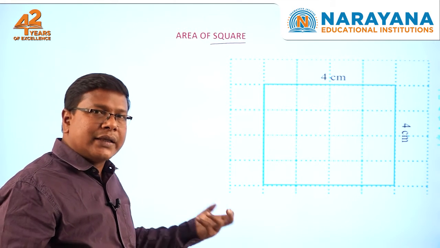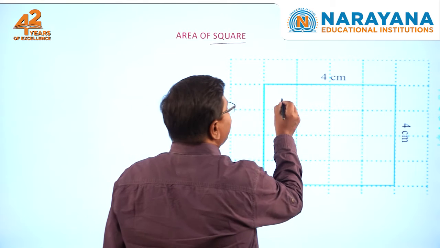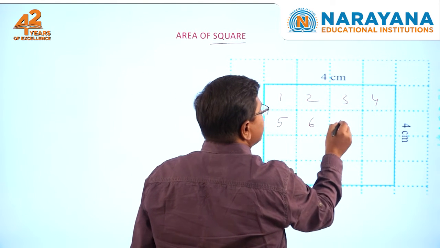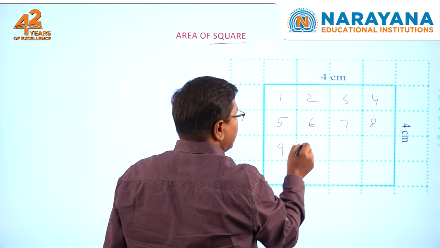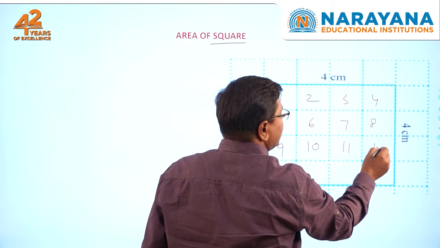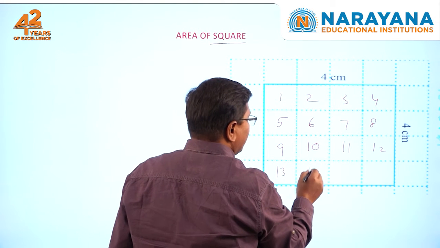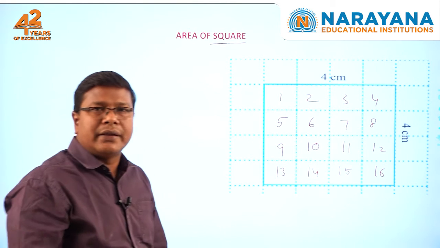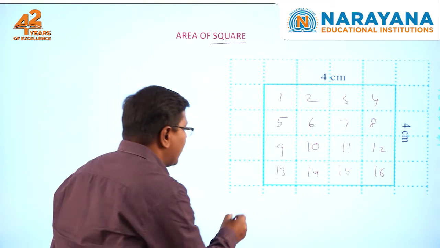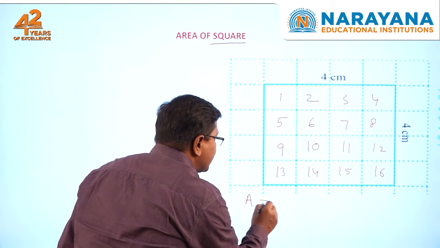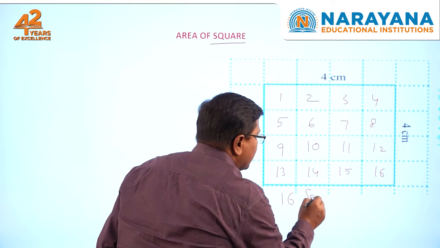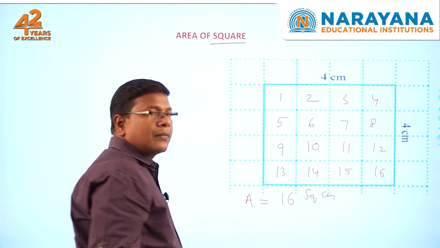You have 1, 2, 3, up to 16. There are 16 squares inside this. Therefore, the area of this square is 16 square centimeters.